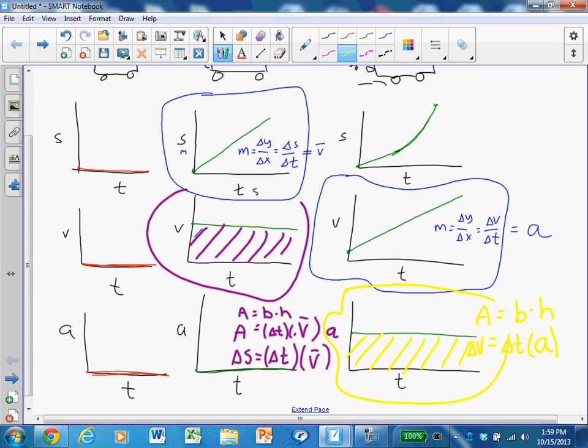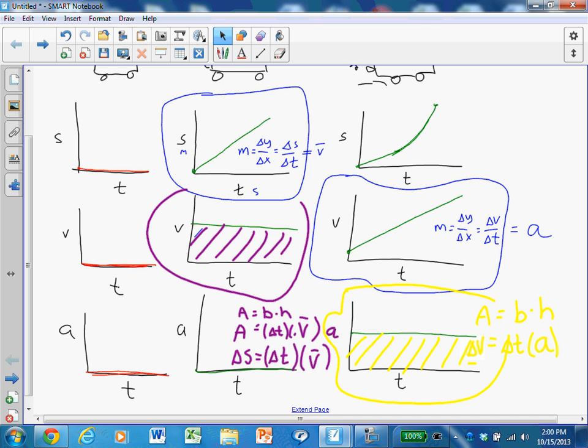So if you want your change in velocity, take the area under an acceleration versus time graph. To get change in position or the displacement, you do area on a velocity versus time graph. To get velocity from acceleration versus time, you take the area under the acceleration graph.